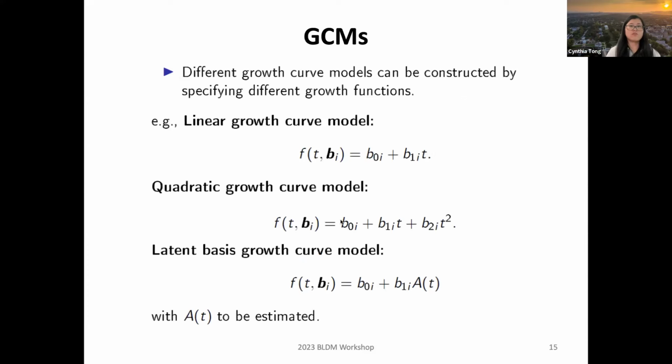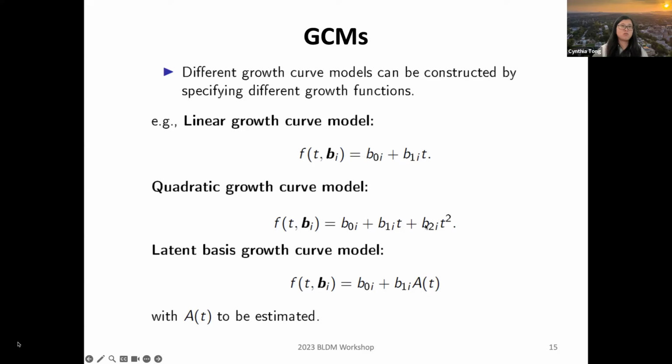Different growth curve models can be constructed by specifying different growth functions. For example, for a linear growth curve model, the growth function f(t, b_i) is just the intercept plus slope times time t. Notice that this intercept and slope are random because they can be different for different subjects.